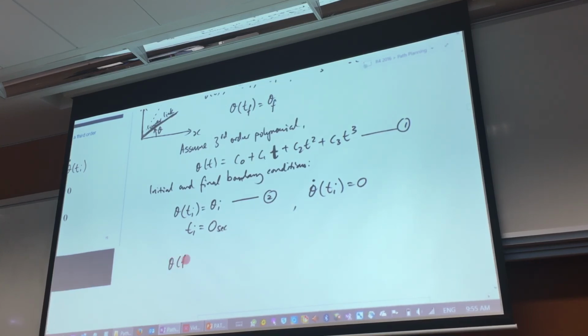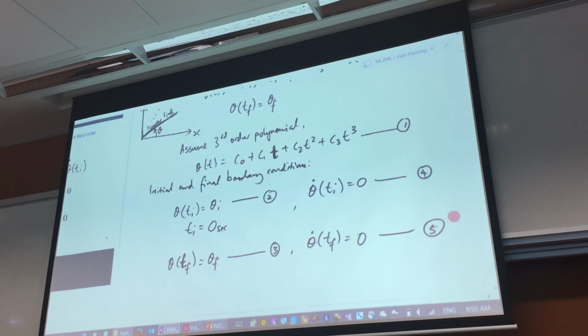Theta at the final time, we don't know how much time it will take, so we just write it now as tf as our final time, equal to theta f. I call this equation 3, this is equation 4, and lastly theta dot at final time equal to 0, equation 5.